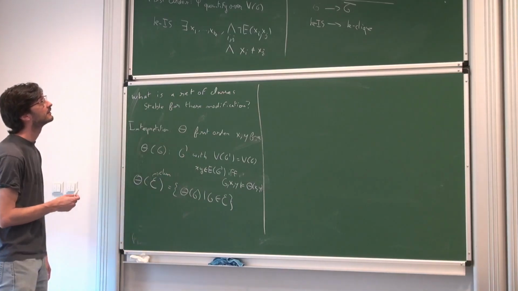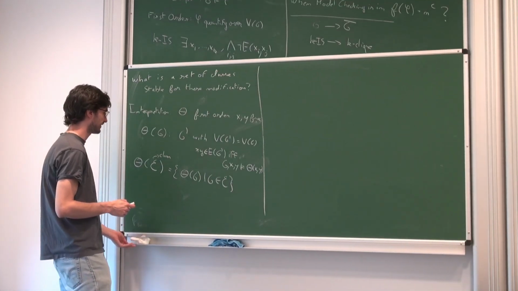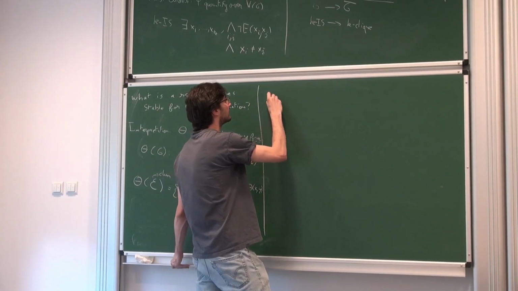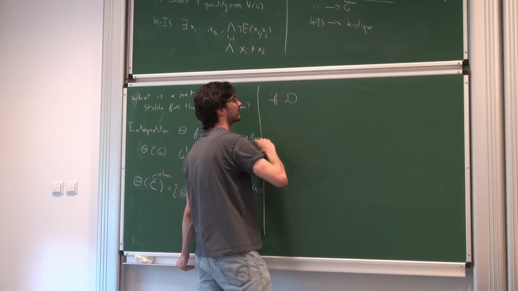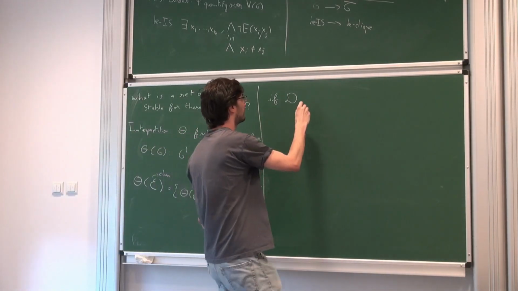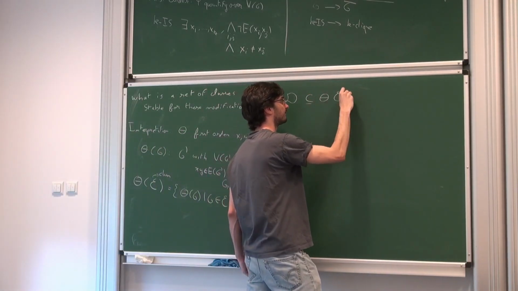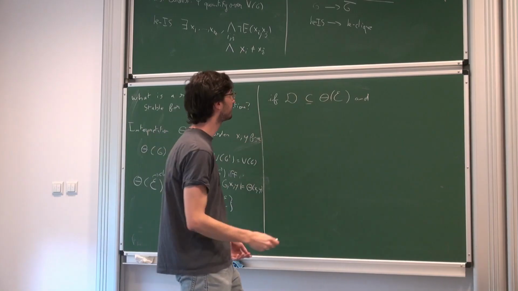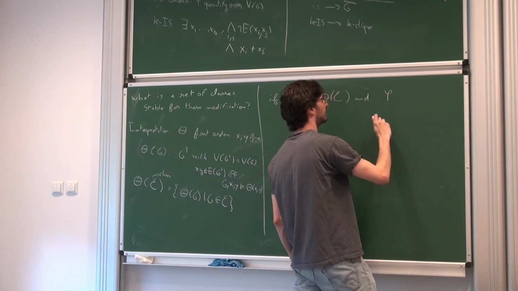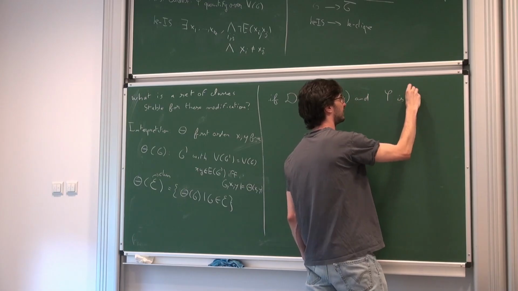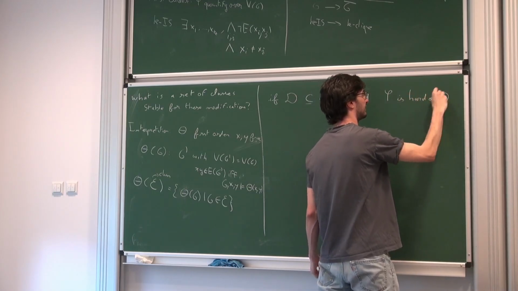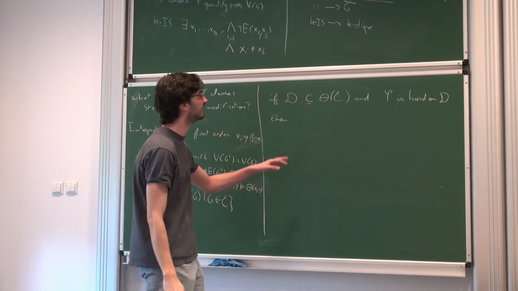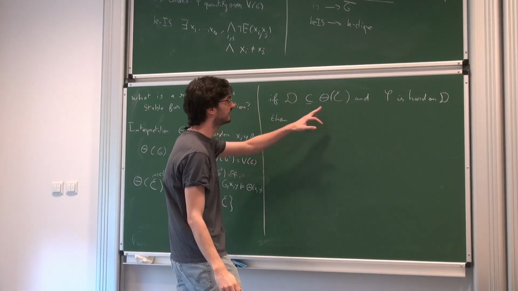And the intuition is that if D is a class included in some theta of C, and there is a problem that is hard on D, so model checking phi is hard on D, then there will be some formula, depending on theta and phi, that will be hard on the initial class.